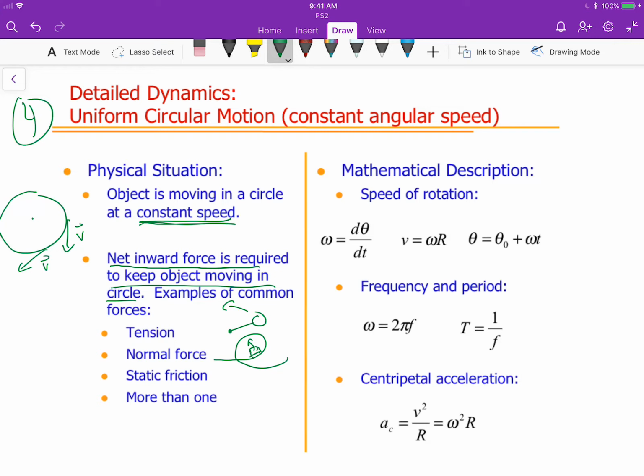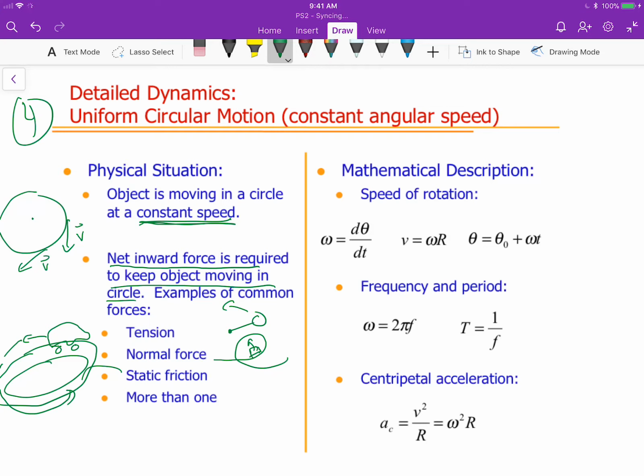Then you could also have static friction. For example, you have some road like this, and then you have a car. This is my car, and it's going around along the circular path.